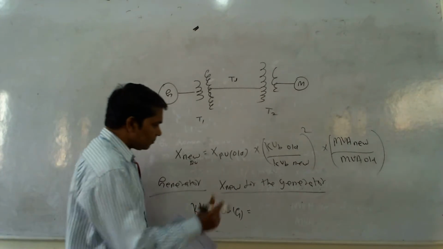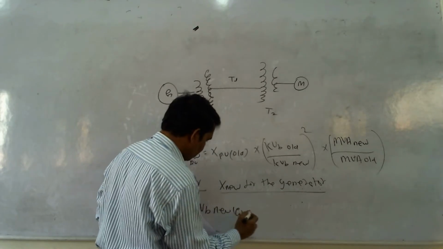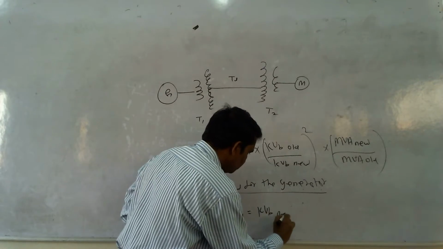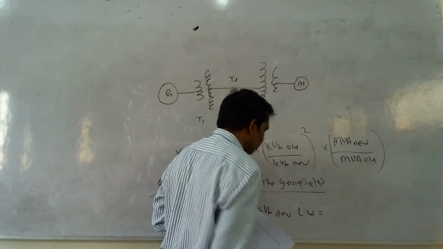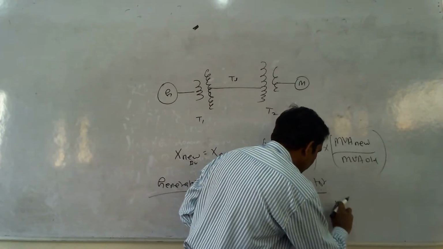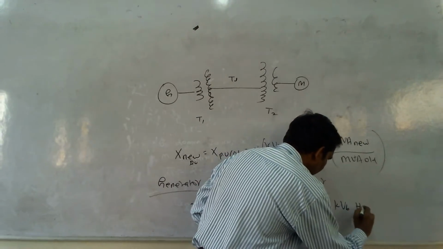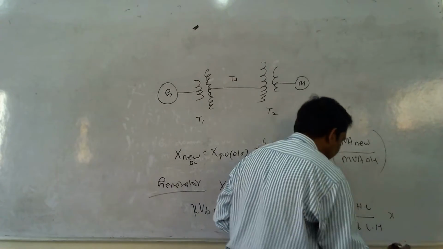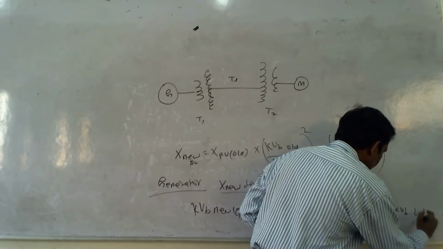The formula is that the base value is given on the high voltage side, and you need the low voltage side. So kilovolt base new on the low voltage side equals the kilovolt base on the high voltage side divided by the kilovolt base on the high voltage side, into the kilovolt base on the low voltage side.